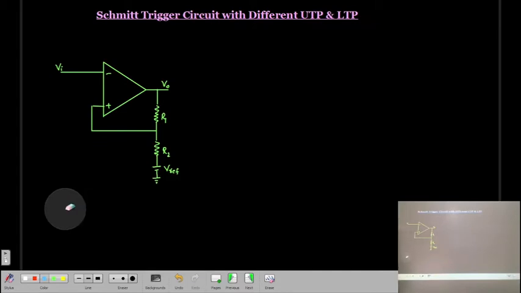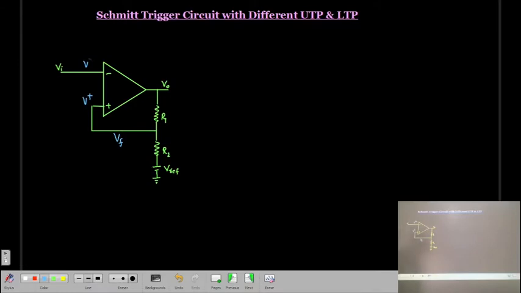So the LTP and UTP, what are they? They are determined by the feedback voltage. This feedback voltage Vf is provided to the non-inverting terminal, which we call V plus, and we call the other terminal V minus.